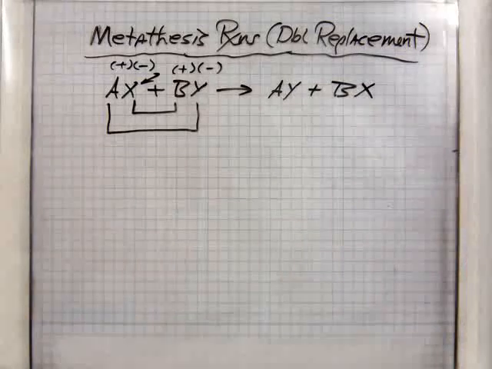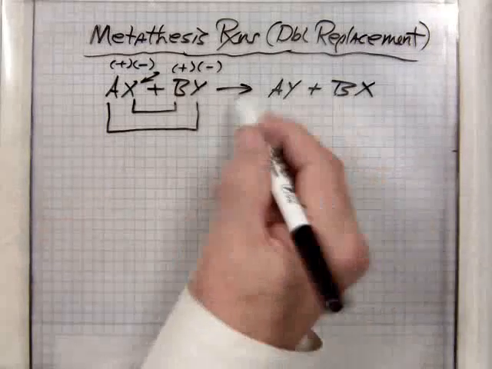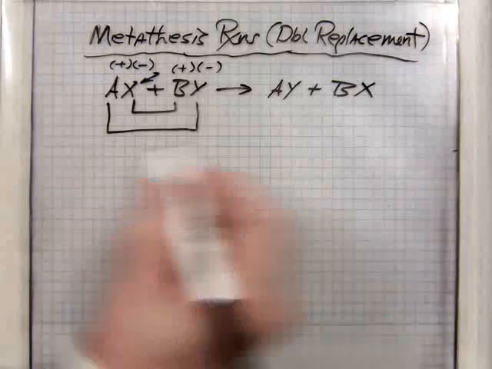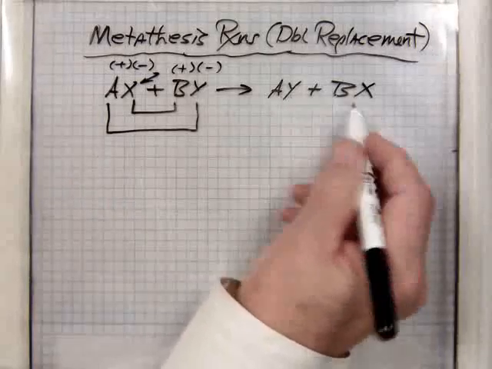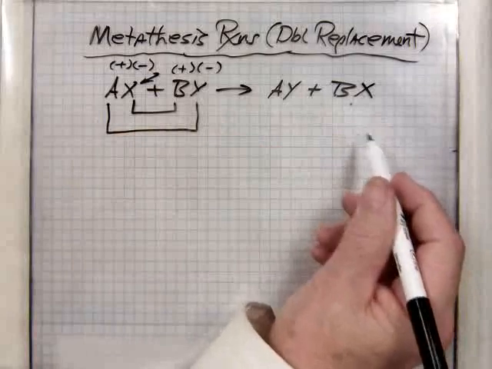BX, like that. Now, it's not just swapping ions, it's identifying what is the driving force of this process. One of these substances over here will pull the reaction to completion, and in doing so, it's called a driving force.